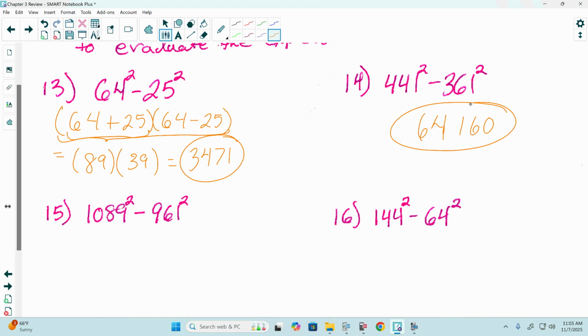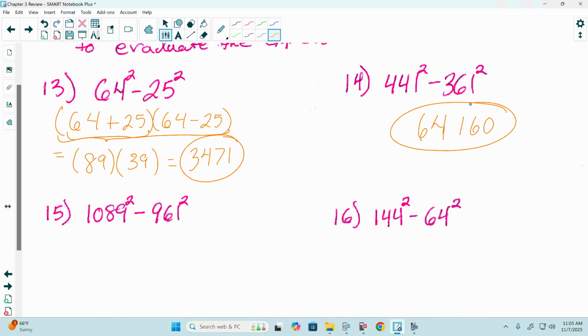Especially on the ACT, they give you something like this, simplify the following expression, and there's not a single variable in the expression. Stick it in the calculator, let it do it for you. Yes, we can do it by hand, but the calculator is going to do it way faster than we ever possibly could, especially in problems like this.